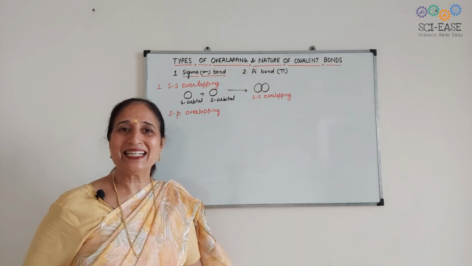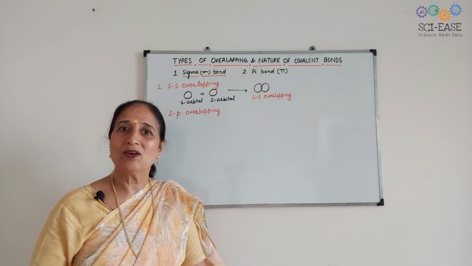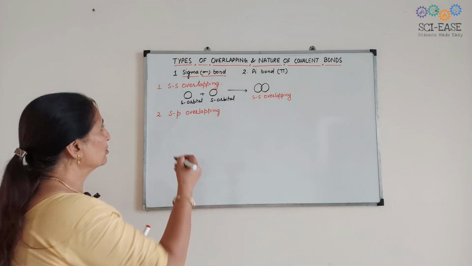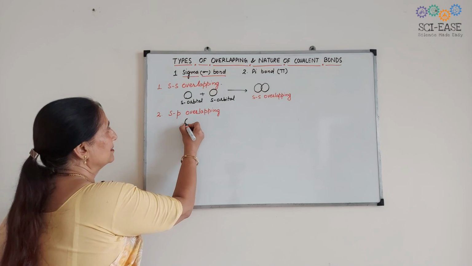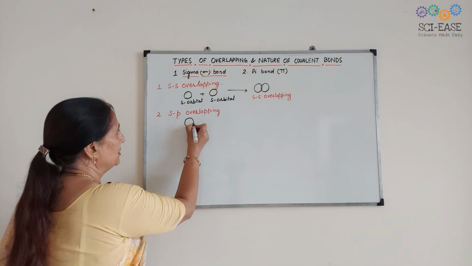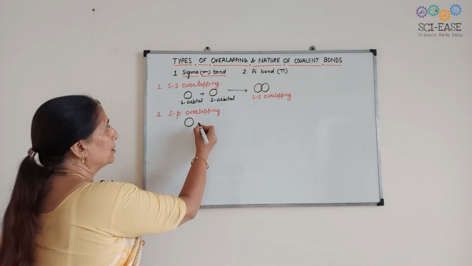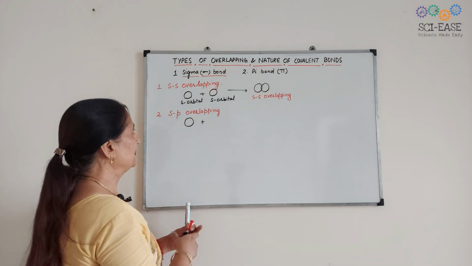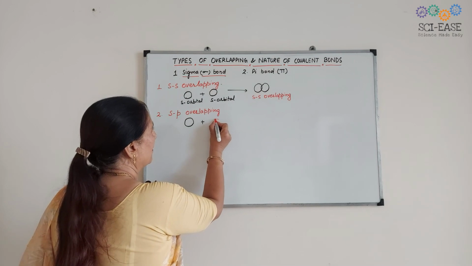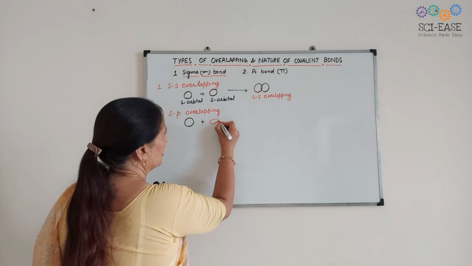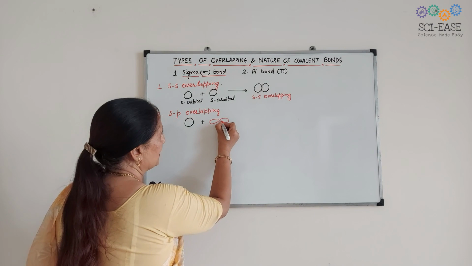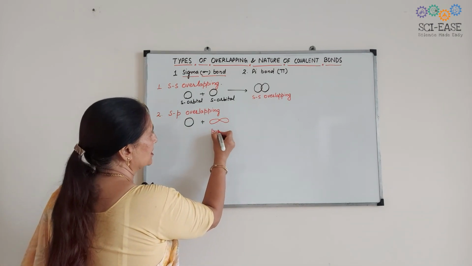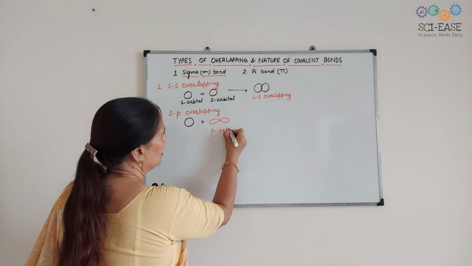This is known as SP overlapping. So I will draw this again. Suppose this is s orbital, that is spherical in shape, and you know that p orbital is dumbbell shaped. The other atom has an s orbital and this is the p orbital.